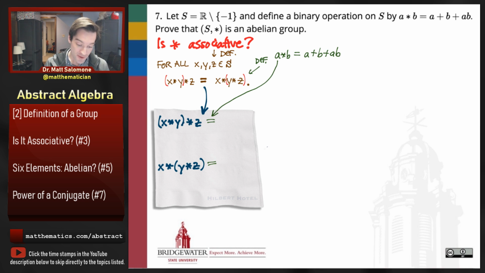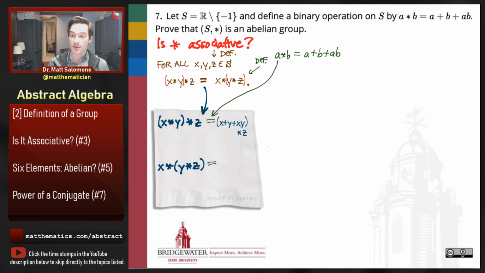So on my napkin, the first thing I'm going to do is simplify out these star operations into familiar operations on the real numbers, starting, as we always do, with the order of operations inside the parentheses. So if the star operator is defined this way, x star y is going to be x plus y plus xy. Then I'm going to star that with z.